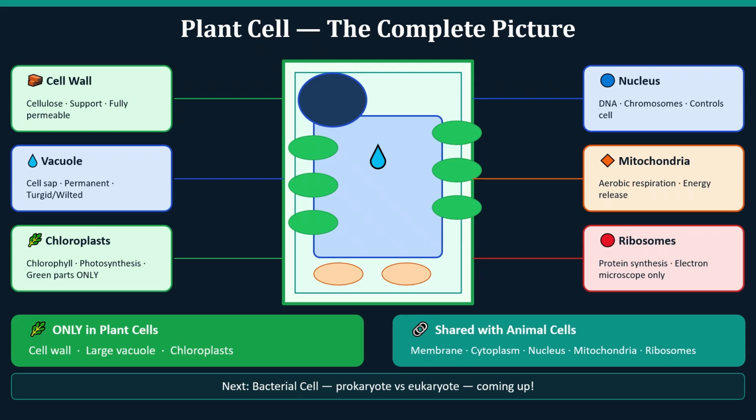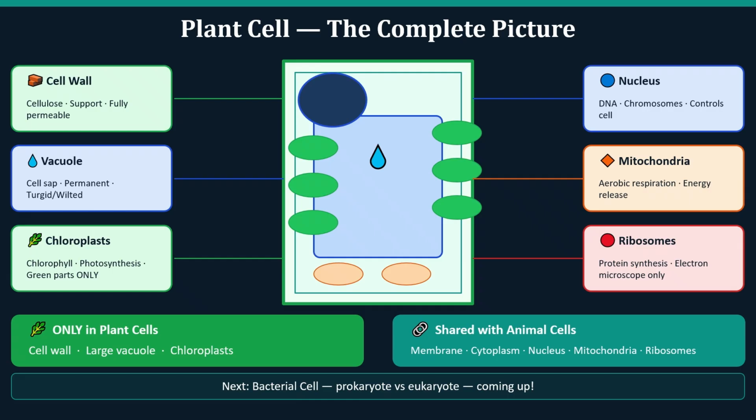Now here is the complete picture, a conclusion diagram of what we discussed today. On the left, three structures unique to plant cells are cell wall, vacuole and chloroplast. But on the right side, the structures which are shared in both animal and plant cells are nucleus, mitochondria, ribosomes.